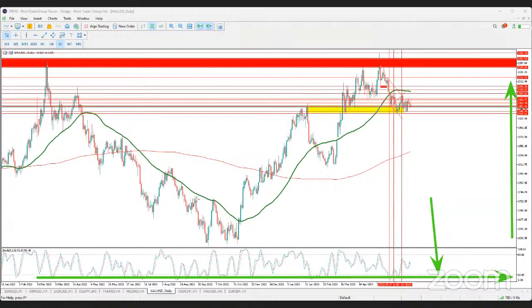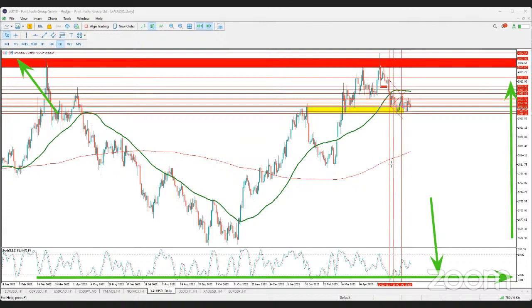To the upside, to the left, you're going to find the name of the currency pair that you want to trade. And within the chart itself, you're going to find some bars that reflect what's happening between two currencies.